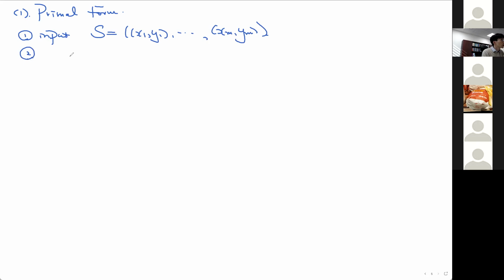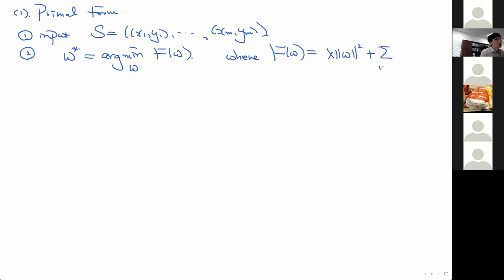It solves the following optimization problem. There is an optimization objective F of w, where F is defined like this. It's a combination of lambda times the norm of w squared, plus the summation over m.